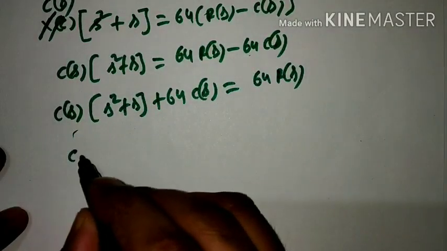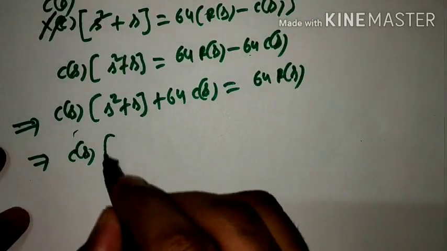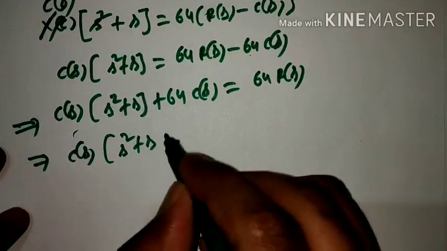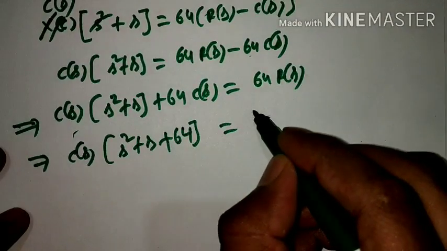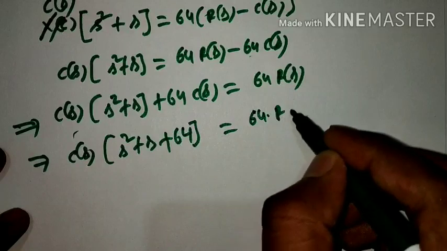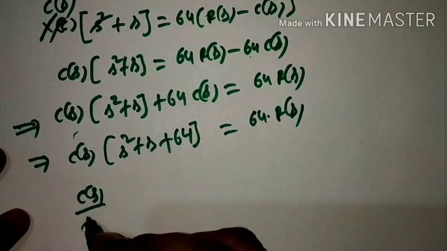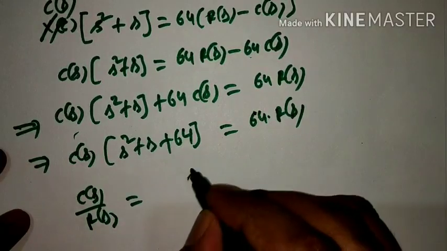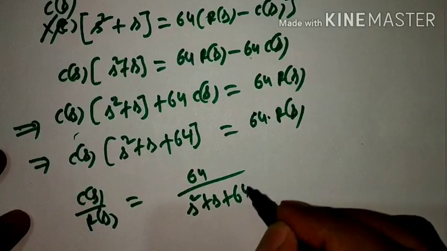So what is common here? C of s is common. When you take C of s common, s square plus 8s plus 64 is equal to 64 into R of s. So what is the transfer function? C of s by R of s is equal to 64 by s square plus 8s plus 64.